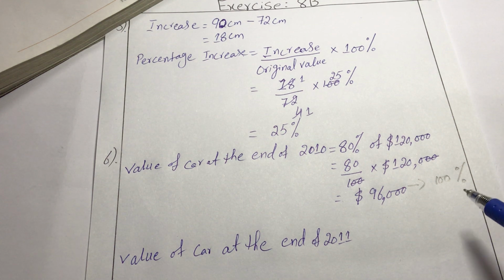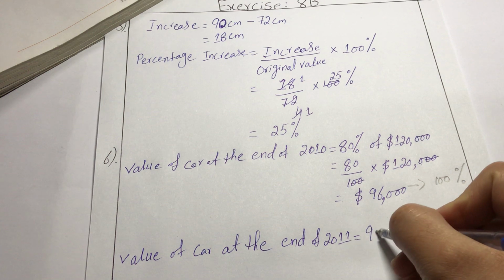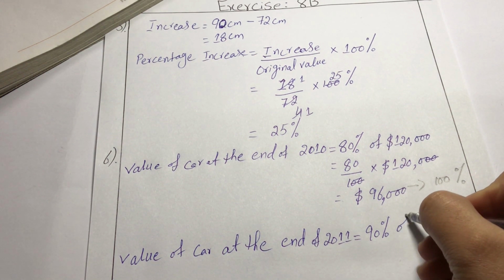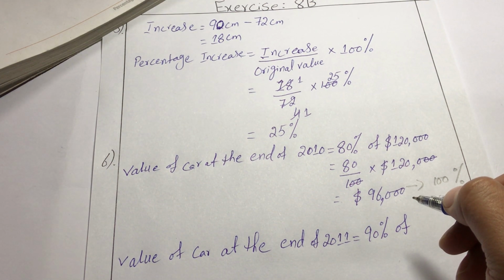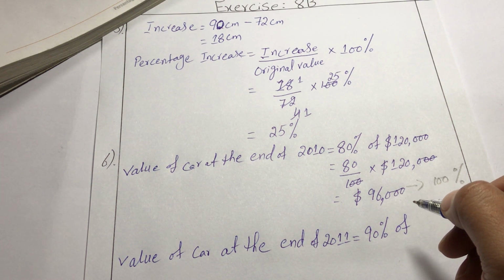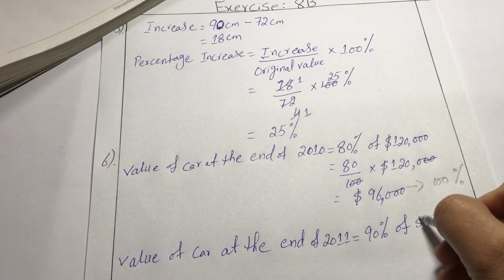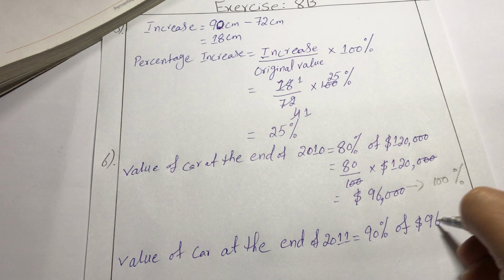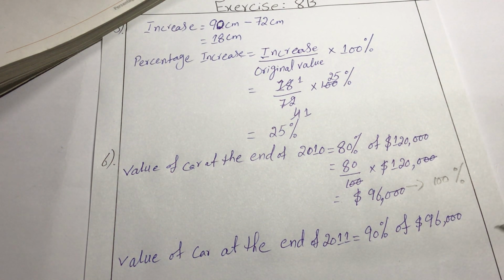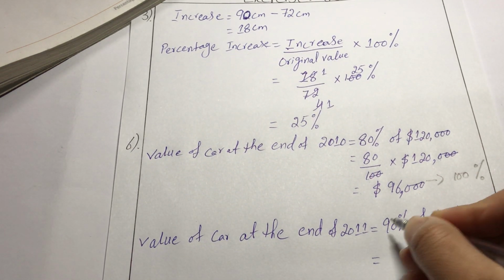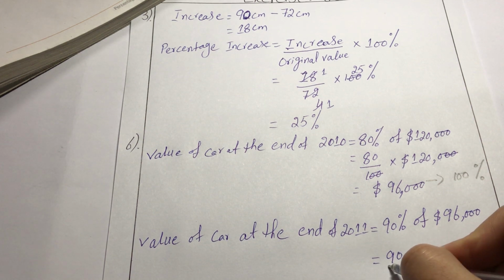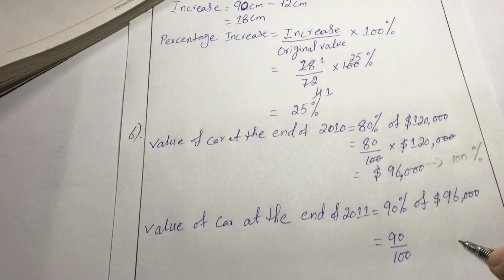Now we will consider the cost at the end of 2010 as 100%, right? When it's decreased 10%, it would be 90%, right? And 90% of, as it's mentioned in your question, its value decreased by 10% of its value in 2010. So you will use the value of 2010, that is 96,000, right? Again, 90% means 90 out of 100, right?